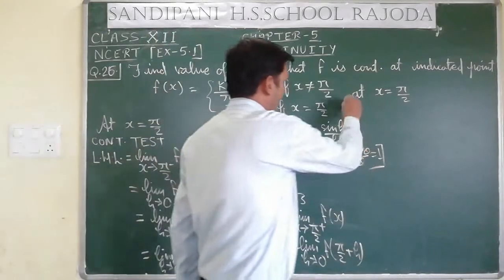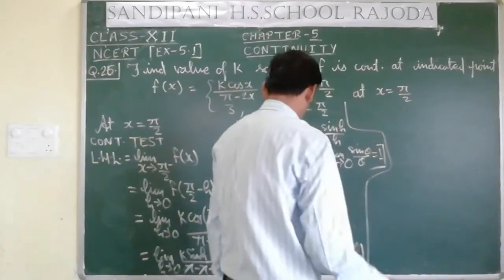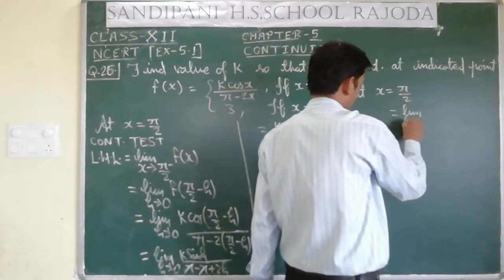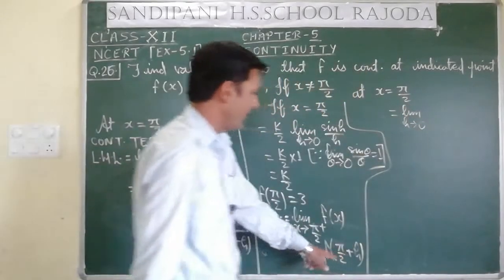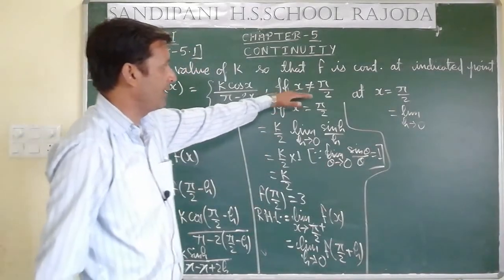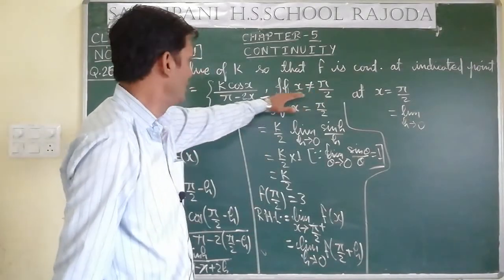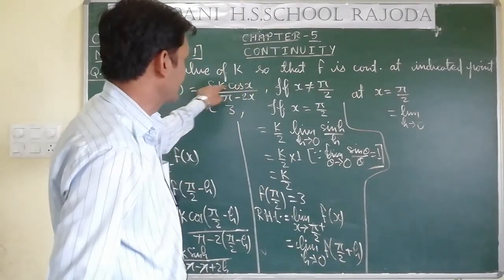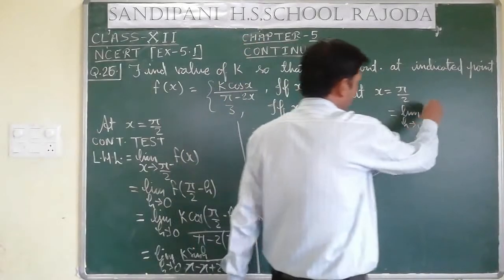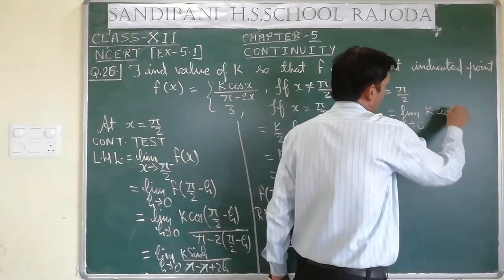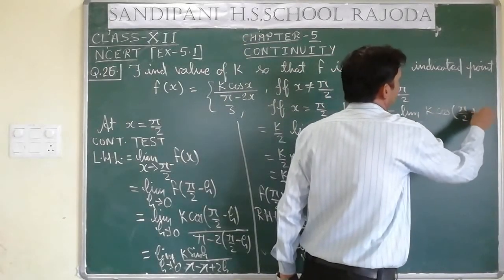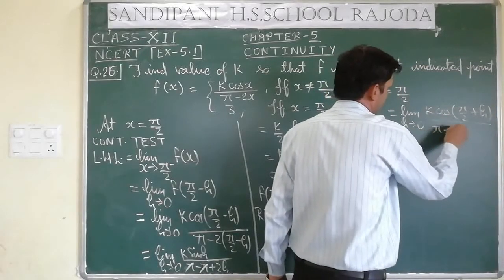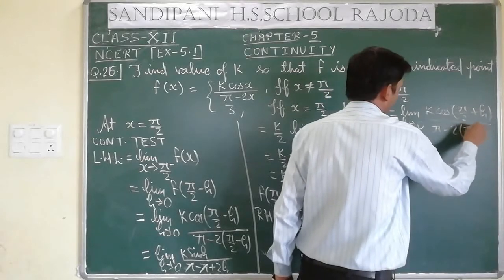So this will become limit h tends to 0, f of pi by 2 plus h, meaning more than pi by 2, meaning not equal to pi by 2. So in this part we have to put the value of x as pi by 2 plus h. So this will become k into cos of pi by 2 plus h upon pi minus 2 into pi by 2 plus h.